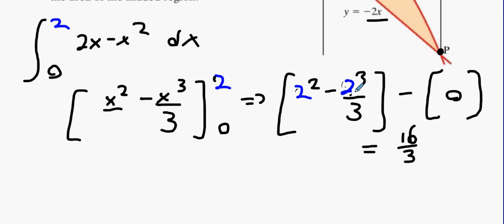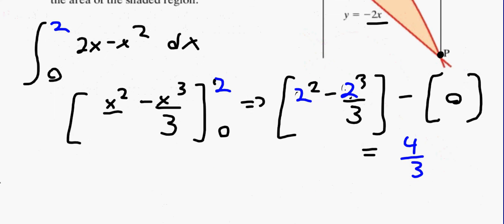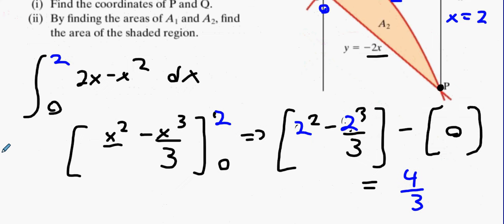And go again. What do you get this time? 4 minus 8 over 3, which would be 4 over 3. Happy days. We all cool with that? So the answer for A1 is 4 over 3. All good?